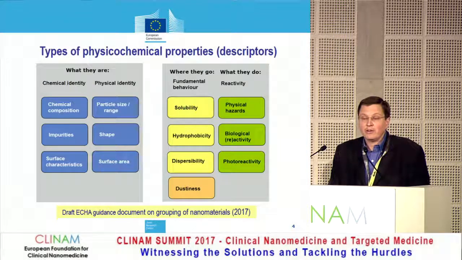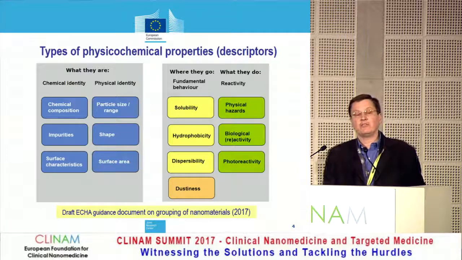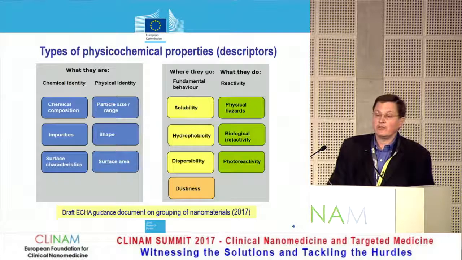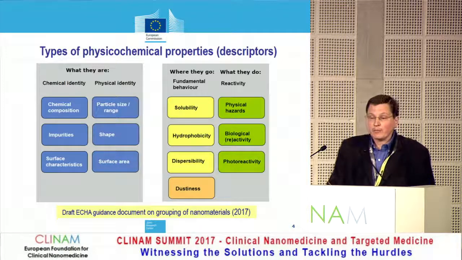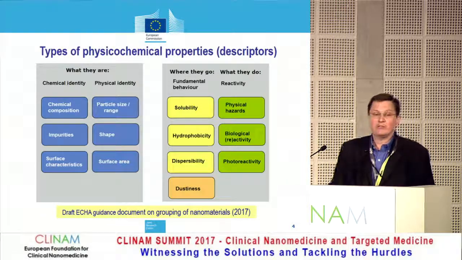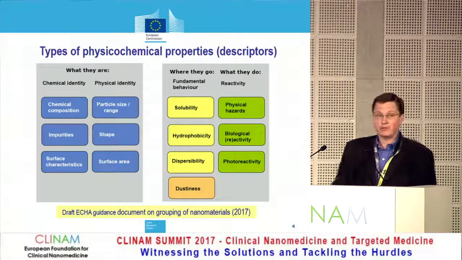The first kind of properties are essentially describing the identity, the chemical and physical identity of the substance. And then you have the more extrinsic properties that describe the fate of substances within the body or in the environment where they go, and the reactivity and toxicity of these substances. So this is a kind of typology of physicochemical descriptors, if you like.